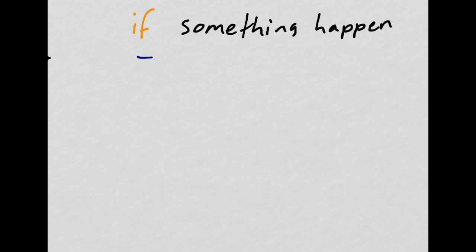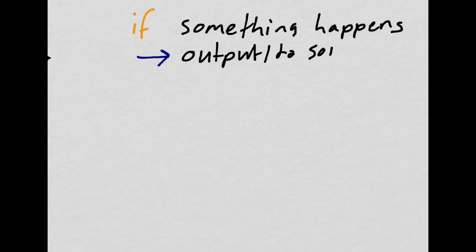I'll just do it as a blue line for a second to make sure that I leave a tab. If something happens, output something, or say something, or do something. Do something. Just this one thing. And in a nutshell, that is the basic if statement.